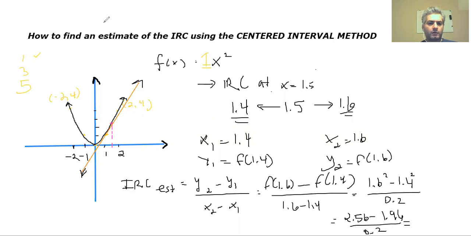Divided by 0.2, this gives me approximately positive 3.